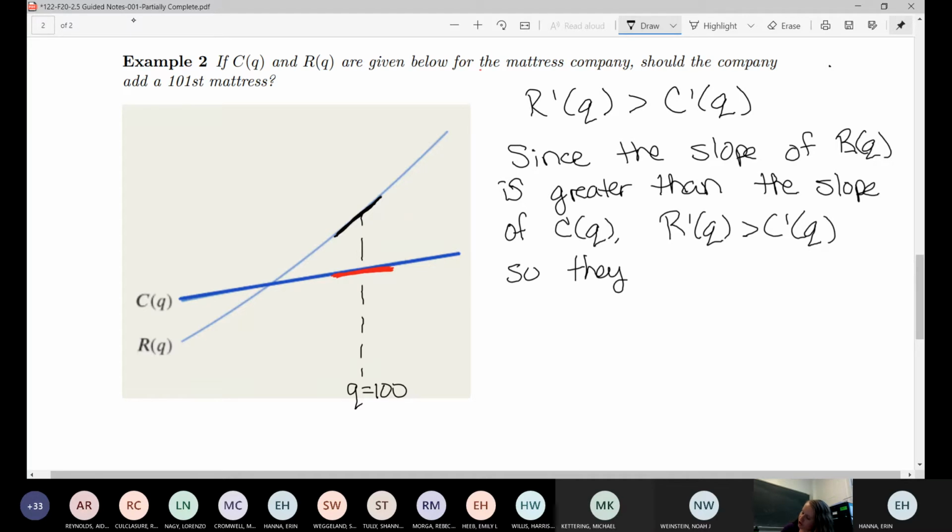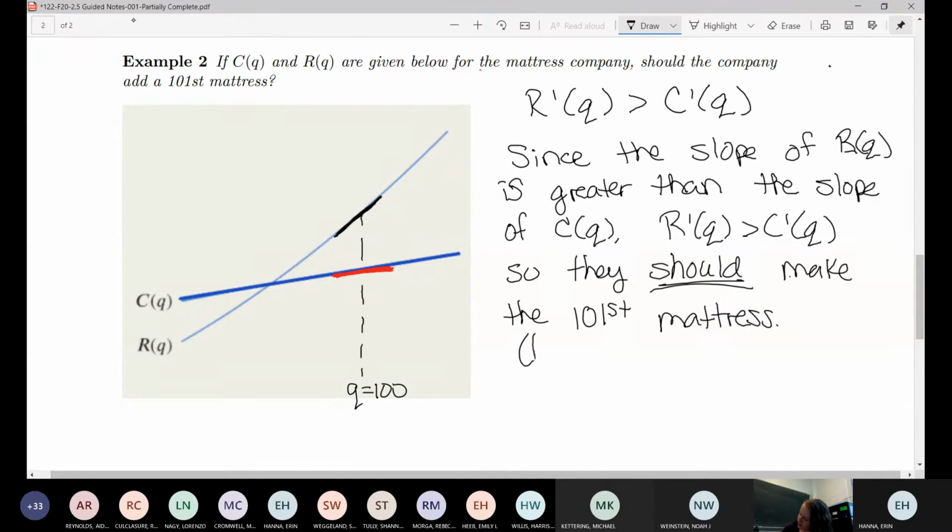So they should make the 101st mattress, I'll put in parentheses, because they make more money.